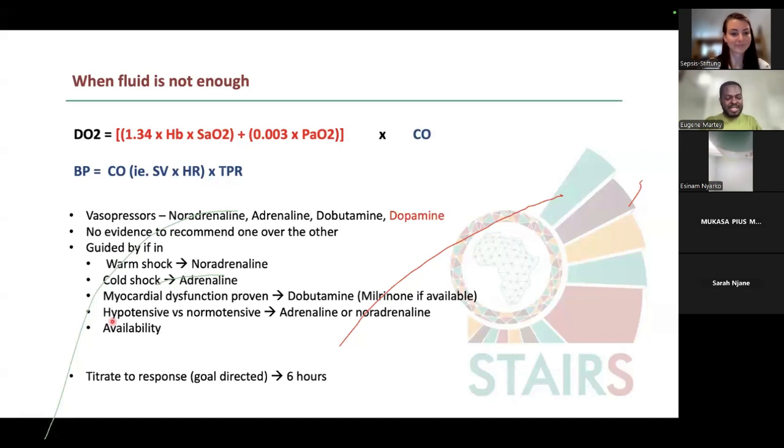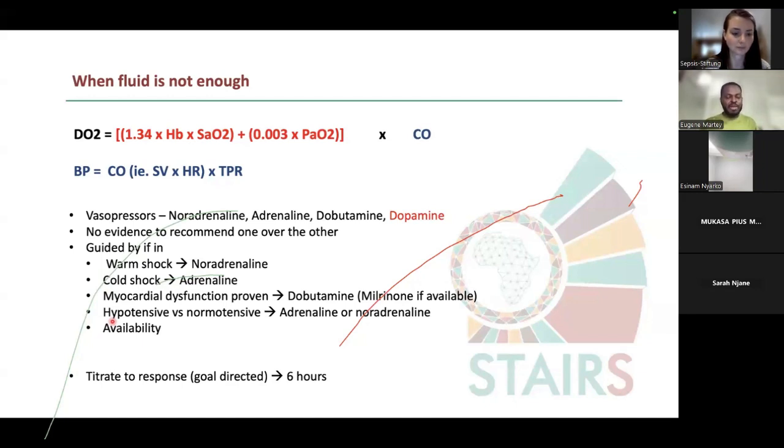So starting the patient on the vasopressor is not enough; it's your ability to titrate it. I always tell people, once you have the patient on the vasopressor, you need to assess the patient every 10 to 15 minutes and titrate your vasopressor to the desired response.